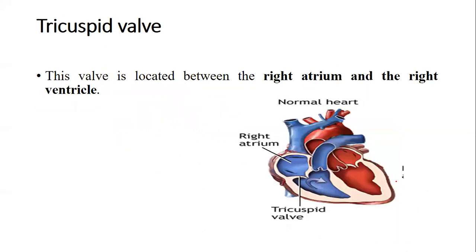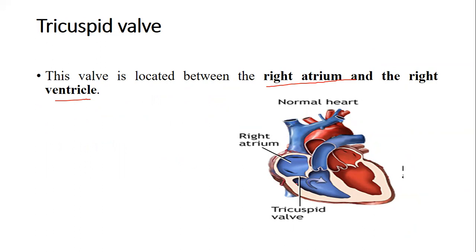Next is the tricuspid valve. From the name itself, we know how many leaflets there will be. There will be 3 leaflets or 3 flaps. This valve is located between the right atrium and right ventricle. The mitral valve is situated between the left atrium and left ventricle, whereas the tricuspid valve is situated between the right atrium and right ventricle.